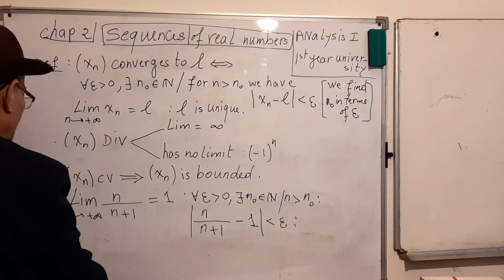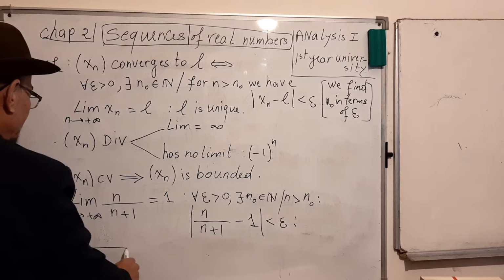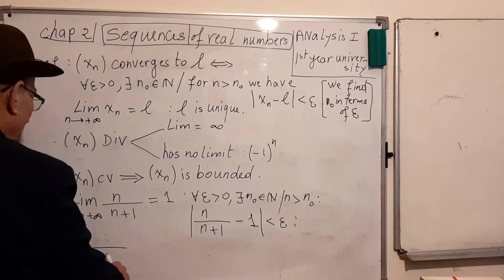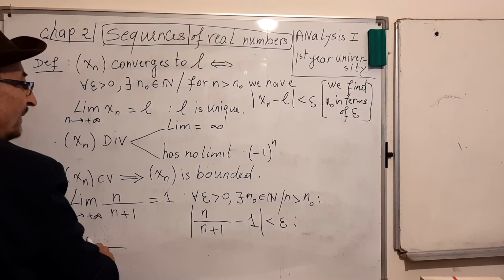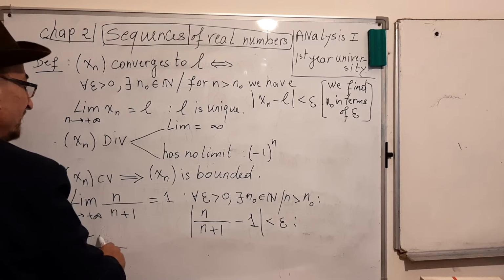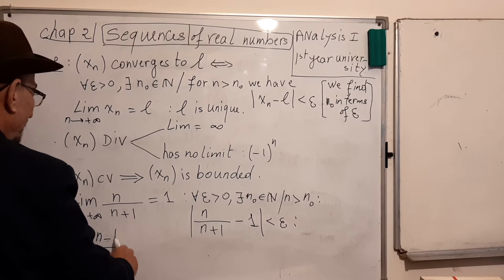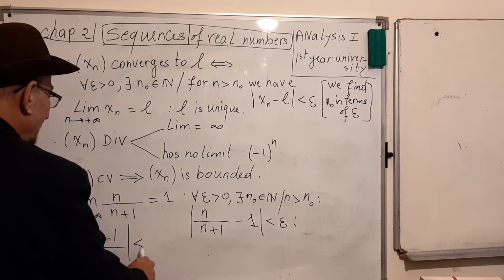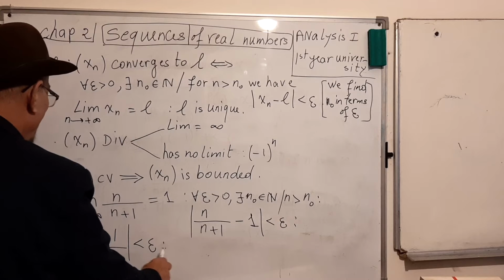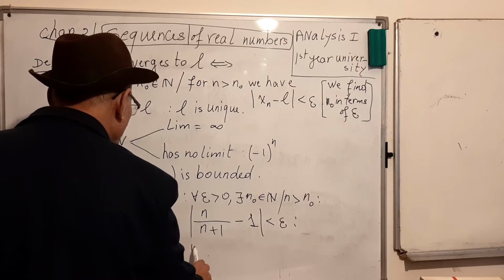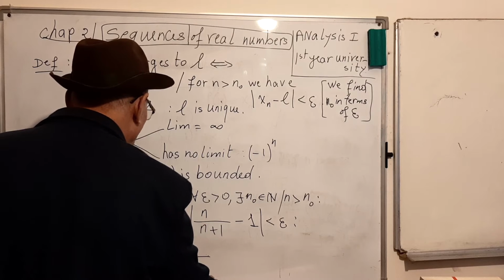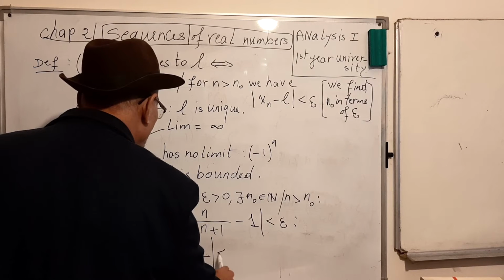Absolute value of (n minus n minus 1) over n plus 1 less than epsilon, or minus 1 over n plus 1 less than epsilon.